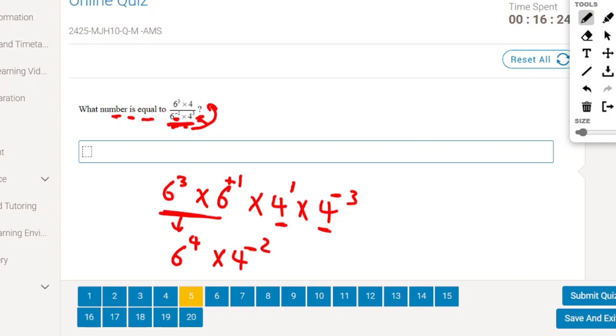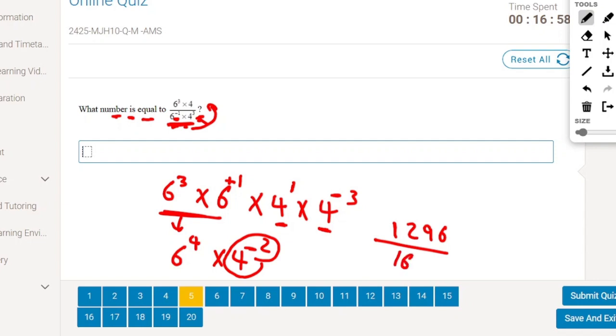Let's get 6 to the power of 4, let's check. 6 to the power of 4 is equal to 1296, divided by, because this is 4 to the power of minus 2, so we flip it to the denominator, so it will be 4 multiplied by 4, divided by 16.